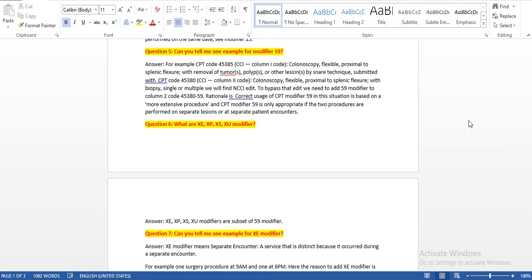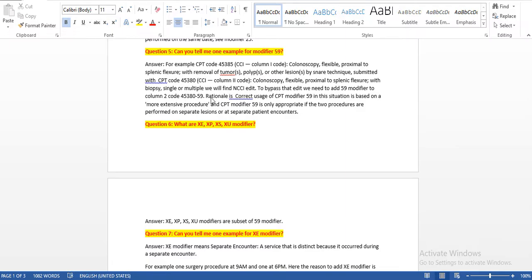So here, if the physician performs polyp removal at one site and biopsy at another site, we need to add modifier 59 to the biopsy code. See here, biopsy is 45380. We have added modifier 59 to indicate that these are separate sites. That's why.